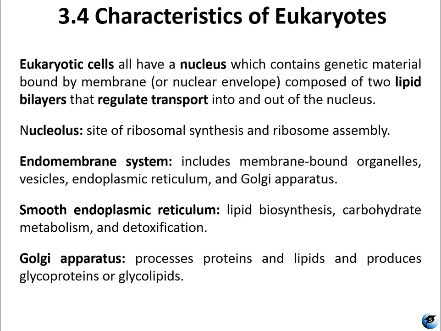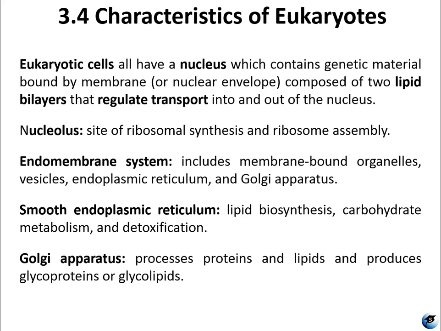Eukaryotic cells have membrane-bound nuclei and they have membrane-bound organelles. They generally have 2 lipid bilayers that regulate transport of materials into and out of the cells, which we have talked about different forms of transport already in this presentation. The nucleolus is responsible for ribosomal synthesis.